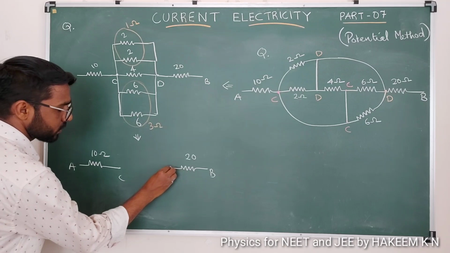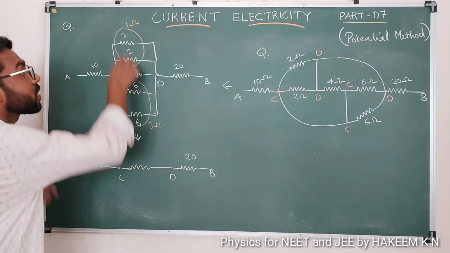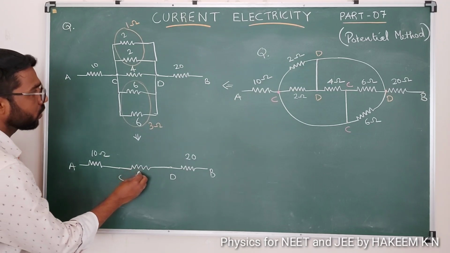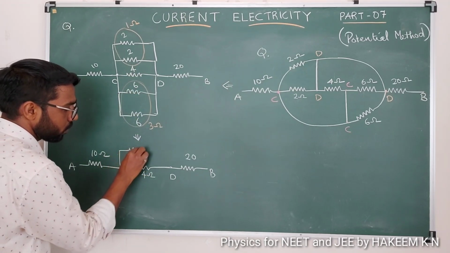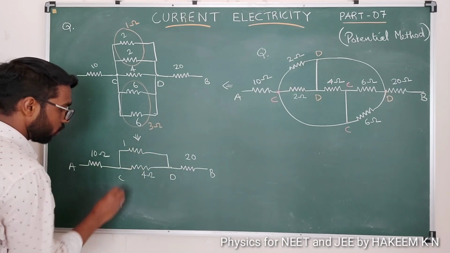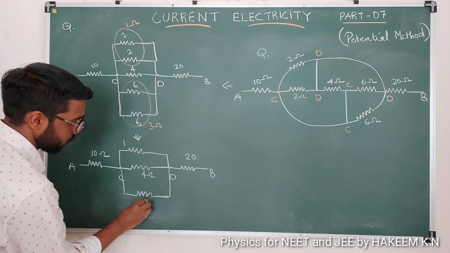Between A and B there are 2 points C and D. Between C and D now there are 3 resistors only. The center 4 ohm, and here it is 1 ohm, and at the bottom it is 3 ohm.